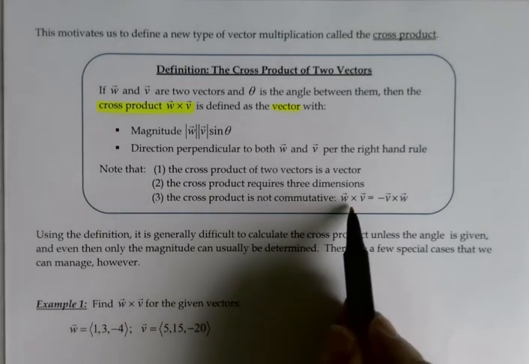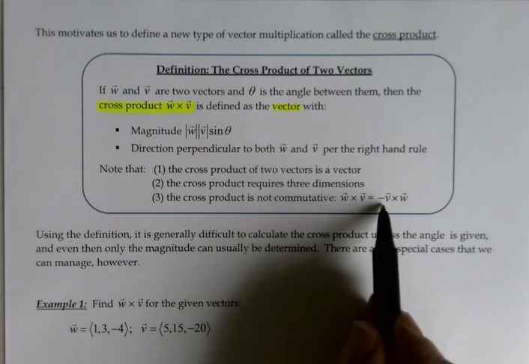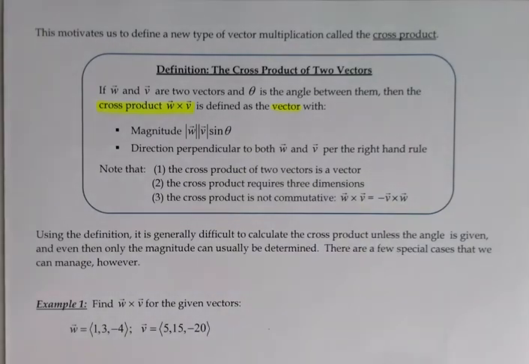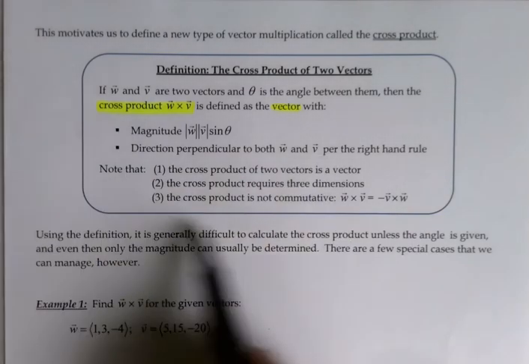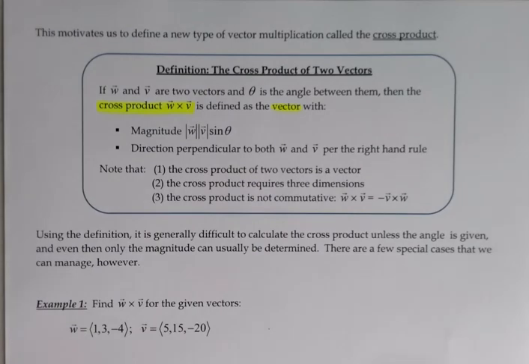In fact, W cross V is equal to minus V cross W. Think about that bolt again to verify that in your head, right? When I did one direction, I came up out of the page. When I did it the other direction, I went down into the page. It reversed direction.